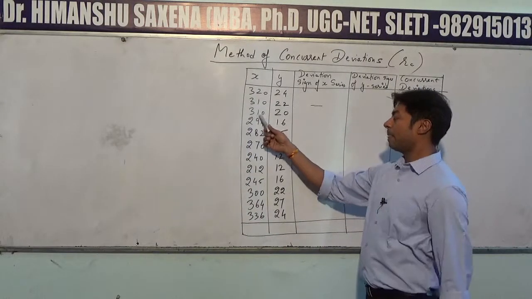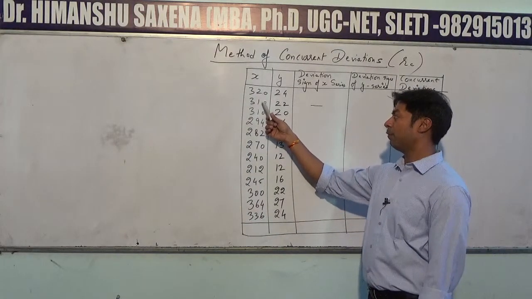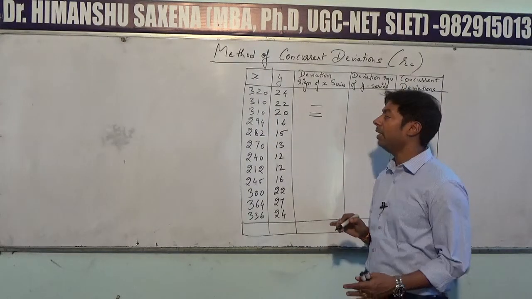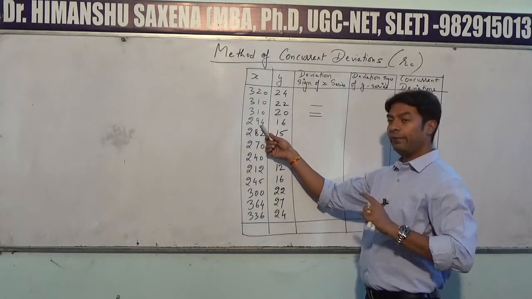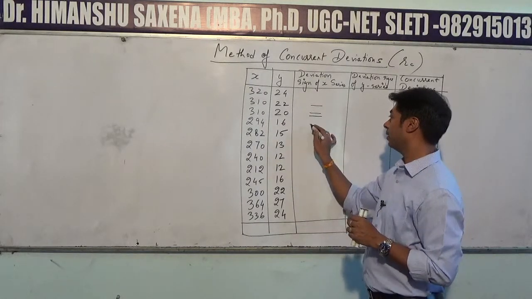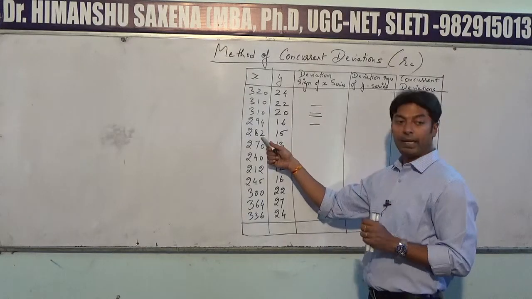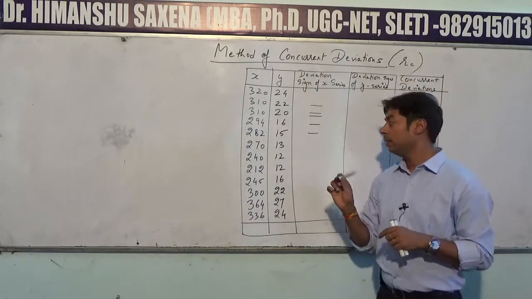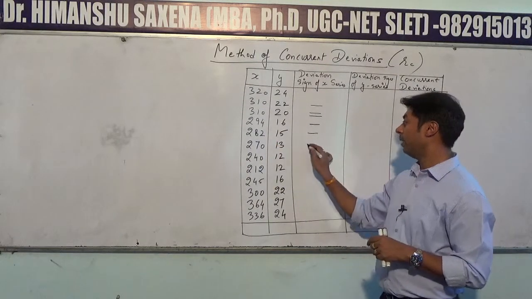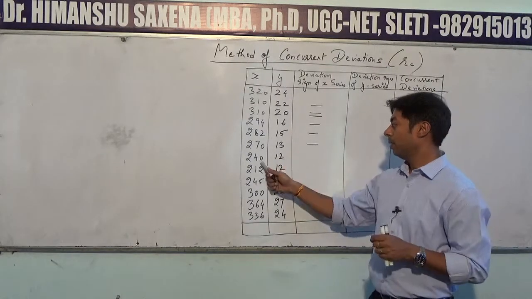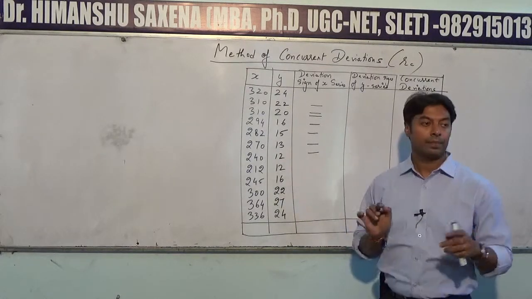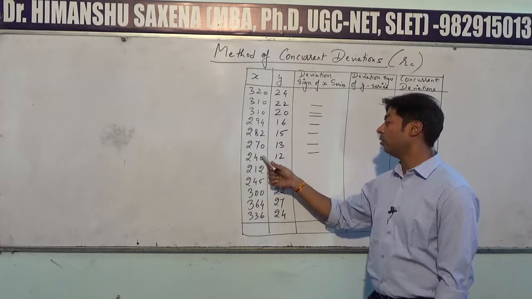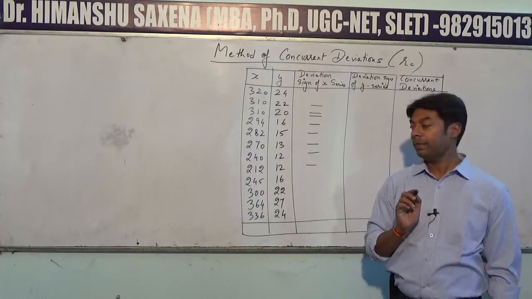Now 310 is exactly equal to its above placed number, that is 310. So when the numbers are equal, we need to place an equality sign. 294 is less than 310, so there will be a negative sign. 282 is also less than 294, so there will be a negative sign. 270 is also less than 282, again a negative sign. 240 is also less than 270, again a negative sign. 212 is also less than 240, a negative sign.